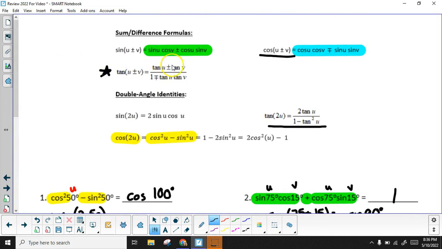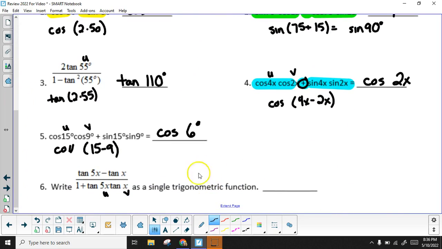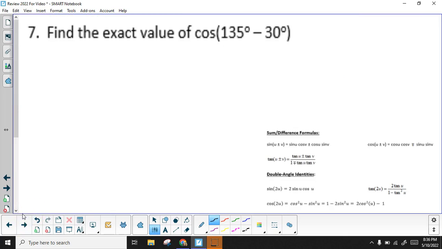And since on top we have the plus or minus, we're talking about the same sign as whatever is in our problem. So this looks like it simplifies to be the tangent of, let's see, 5x minus x, which is going to be 4x. So we would rewrite this as the tangent of 4x. Okay, well, let's move on.